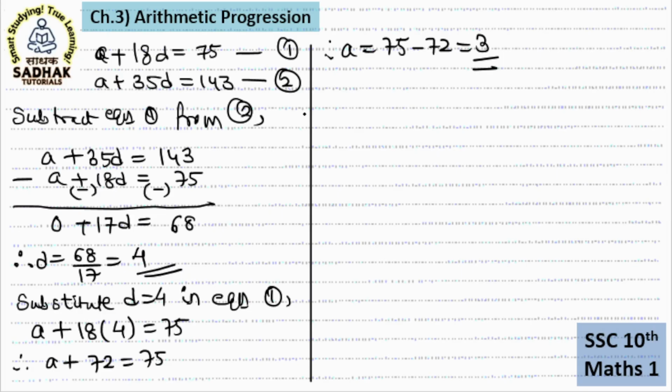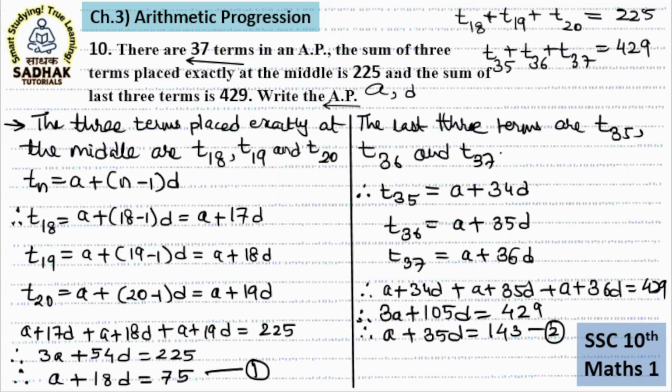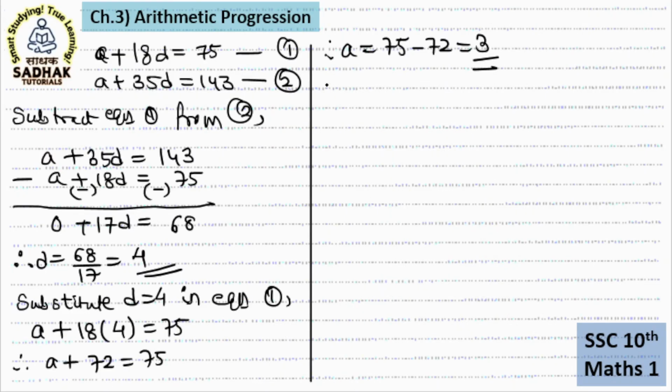So now we can find the AP. They have told us to find the AP, write the AP. So for that we have to write the first 4 terms. Therefore A, that is the first term, is equal to 3, that we have got. Then the second term, T2, will be A plus D, that is 3 plus 4, that is equal to 7.